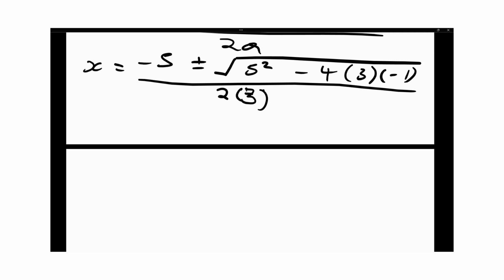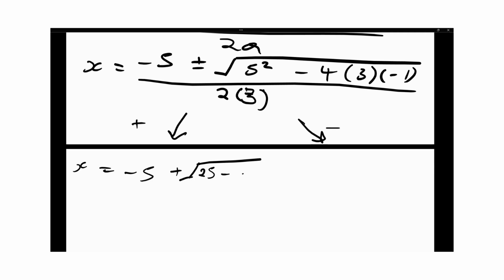It's even wiser to just separate this into two. So you take the positive on this side, you take the negative on this side, because this is plus or minus. So the positive will become x is equal to -5 plus the square root. 5 squared is 25 minus, in fact, you can just punch this into the calculator.